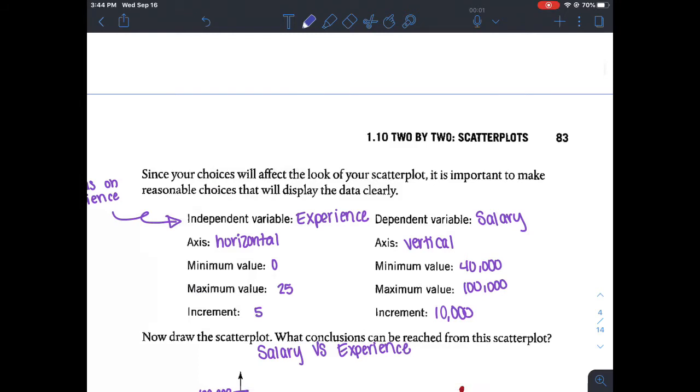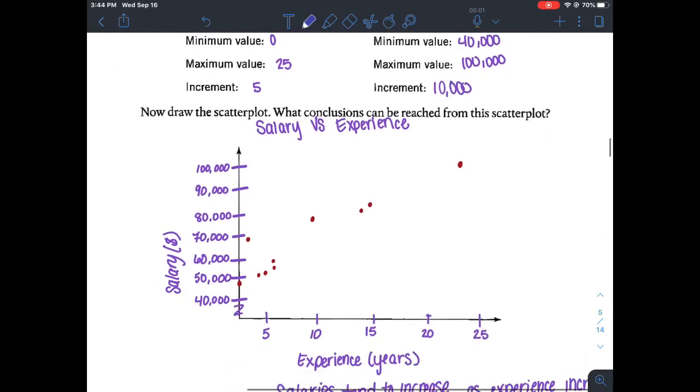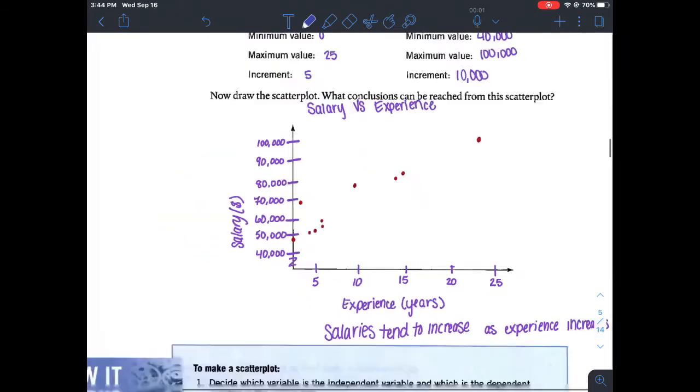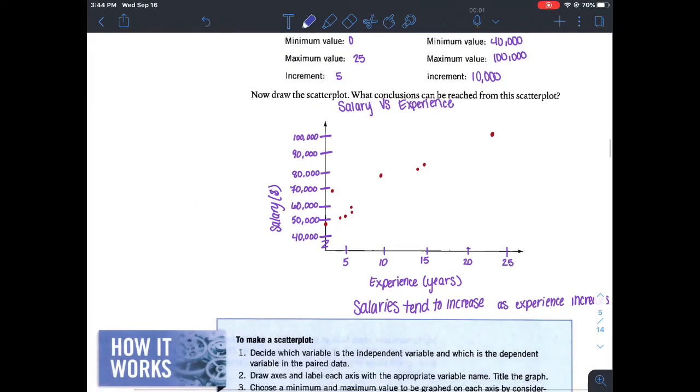You can keep it specific if you would like, but to make my increments at 10,000, I thought that was nice and easy. So then from there, this is so tedious to make, I realize. So that's why I created it once and just threw it into my video. So I have my salary from 40,000 to 100,000.